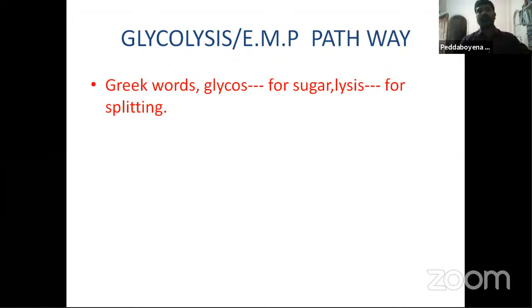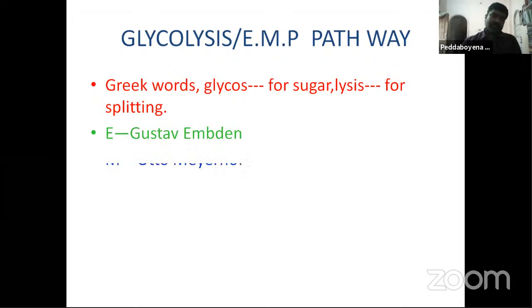It is known as the EMP pathway for a reason. Three scientists worked on glycolysis: first Gustav Embden, second Otto Meyerhof, and third J. Parnas.